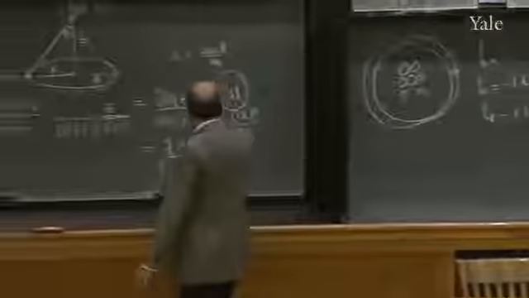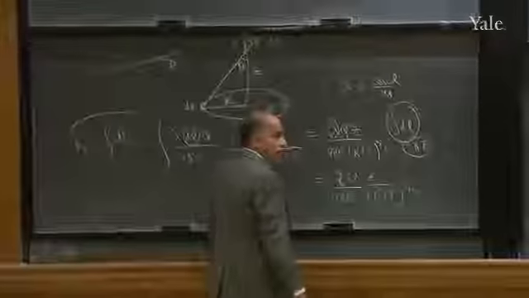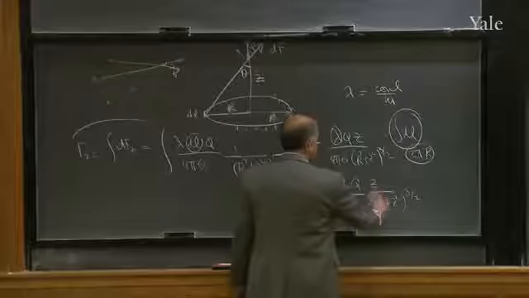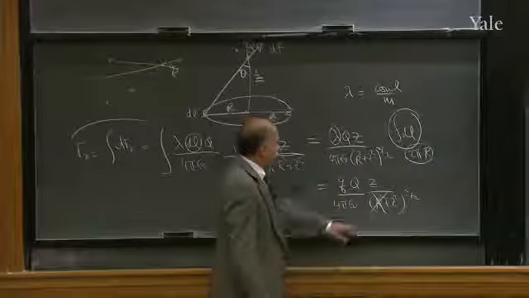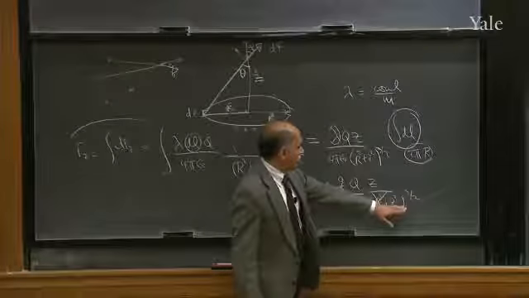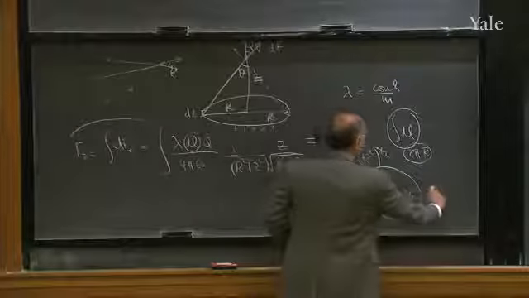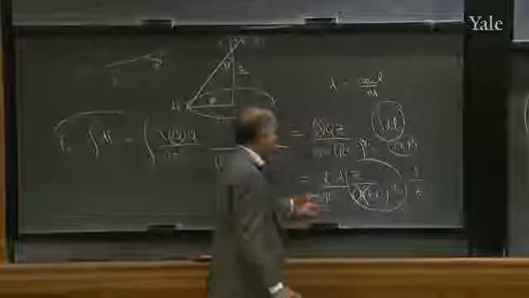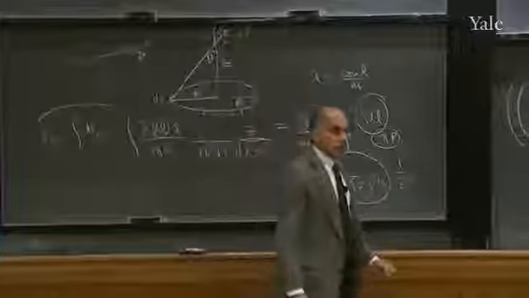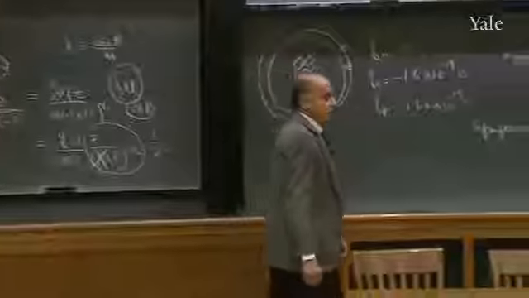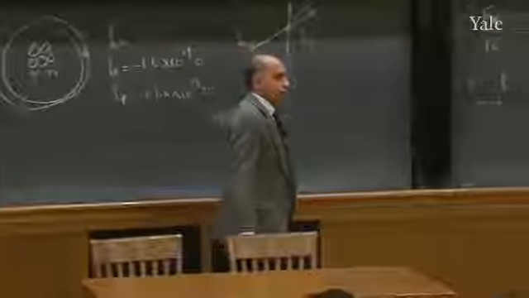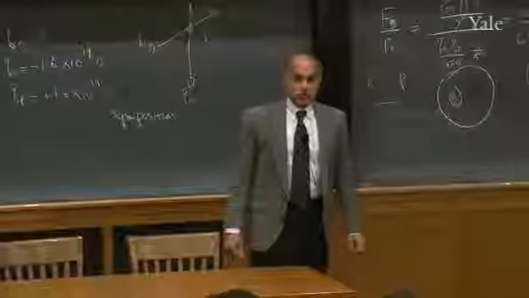And when z is much, much bigger than r, this is 1 kilometer, this is 2 inches, you forget this, and z squared to the 3 over 2 is then z cubed. That means the whole thing reduces to 1 over z squared, and it looks like the force between 2 point charges. So I would ask you, whenever you do a calculation, to test your result.